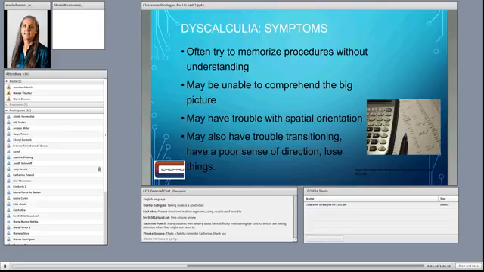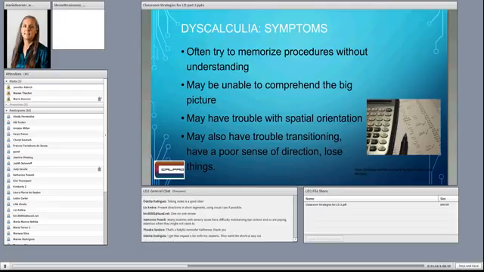The other thing with math is a lot of procedure in math, like long division. You have to divide, then you multiply, then you subtract, then you bring down and repeat those four steps over and over again. For some students, they need to see the step-by-step.